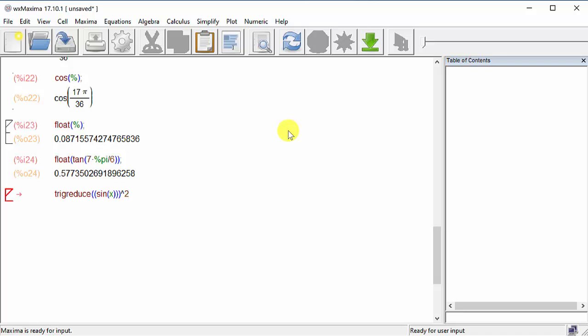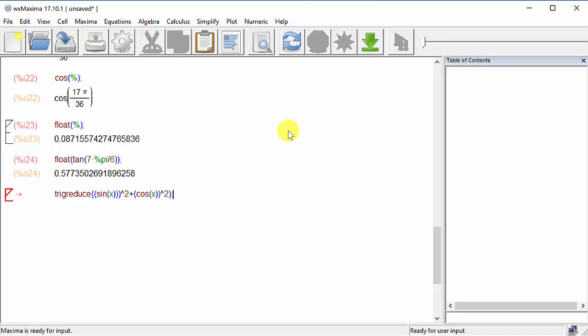We've got trig reduce in parentheses, and then sine x squared. Well, if we make a mistake, we make a mistake. Plus, in parentheses, cosine x, and that's going to be squared. And then we need to close the parentheses there.